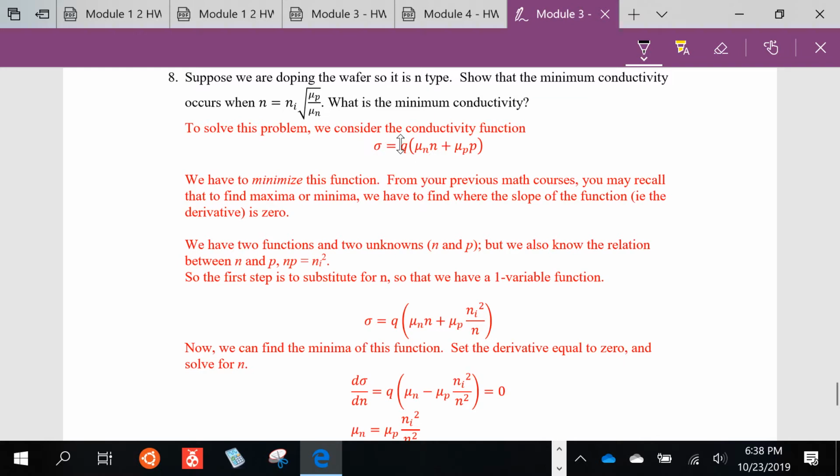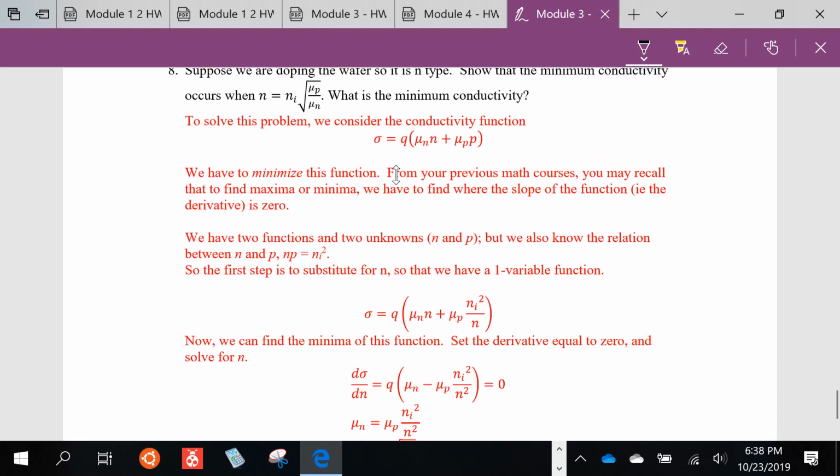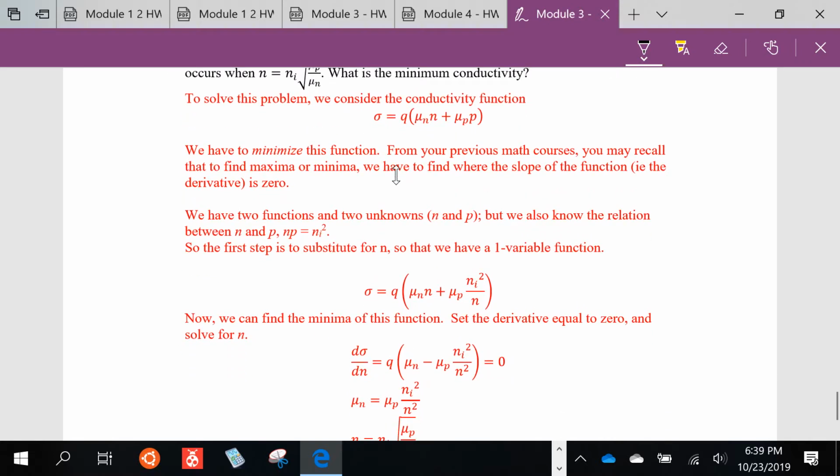If you want to minimize the conductivity function, you want to find where the slope of the function is 0. Wherever the slope is 0, it's either a global maximum, a local maximum, or a local minimum. That's why you're finding the derivative and finding where the slope is 0.